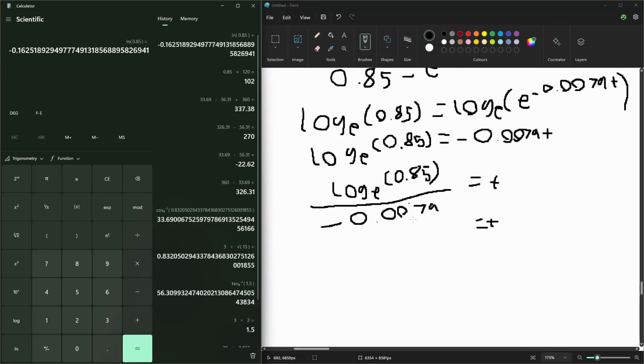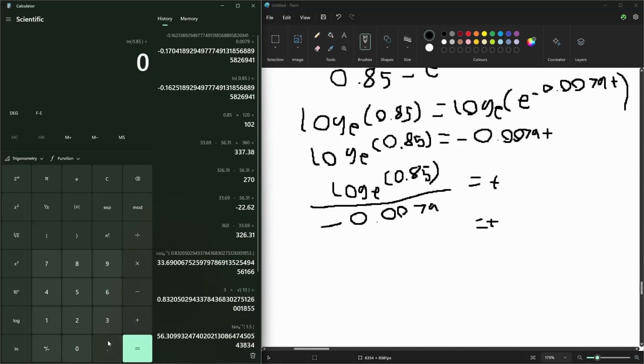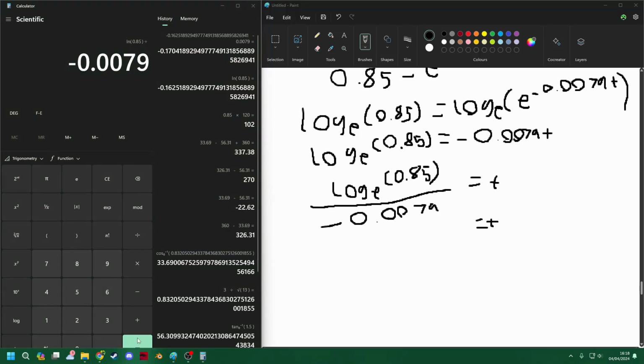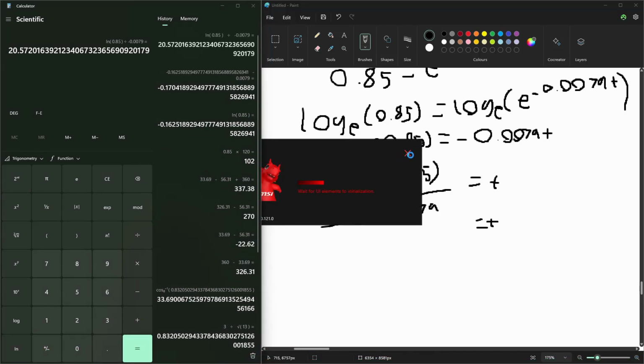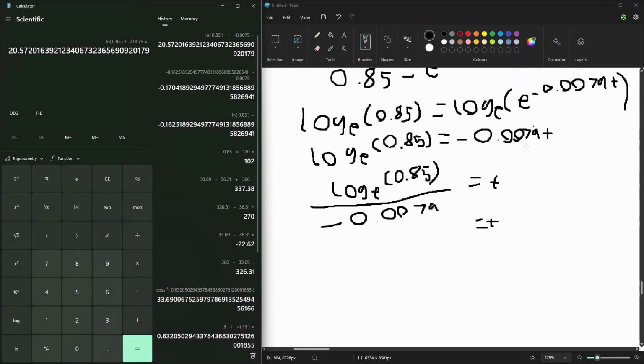That's the top line done, and then we just need to divide it by 0.0079. And we'll see what we get is 20.57 years. So I'll just conclude, say 20.57 years.